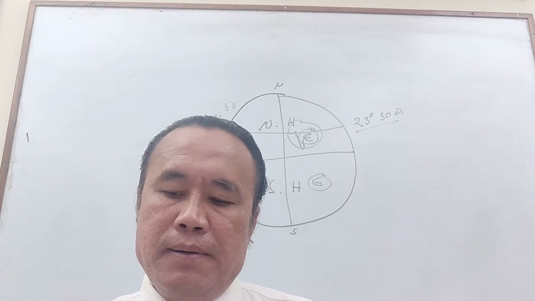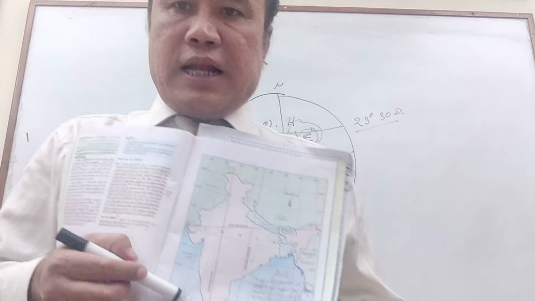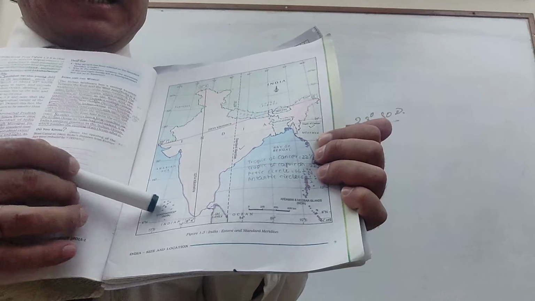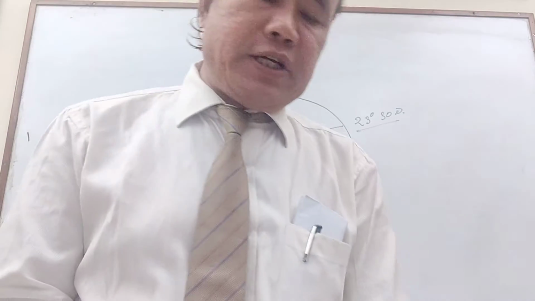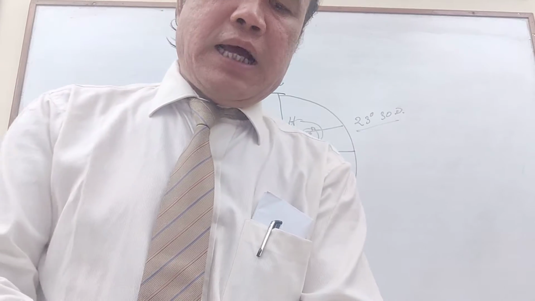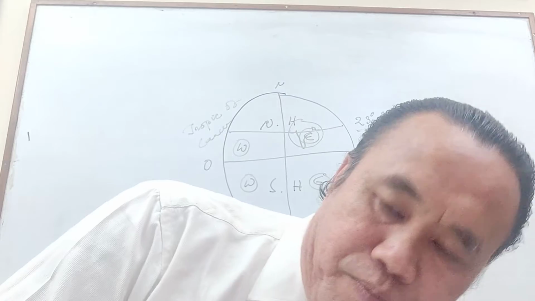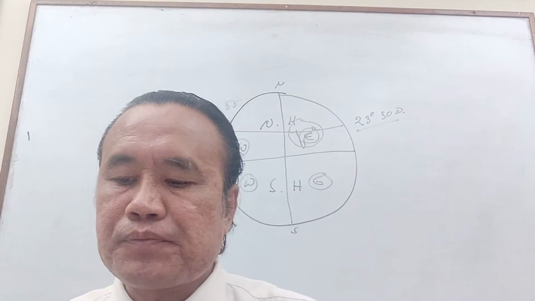If you look at the map of India, out here we have the Lakshadweep Islands, and out here we have the Andaman and Nicobar Islands, that is in the Bay of Bengal, and Lakshadweep Islands are in the Arabian Sea. So these two island groups we can see on the map.